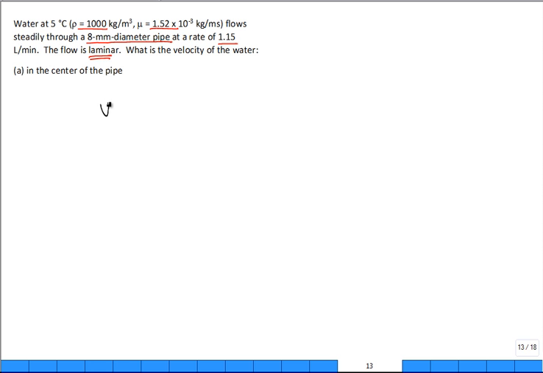So you'd say the maximum velocity in the center is equal to 2 times the average, right? So you're given the volumetric flow rate, 1.15 liters per minute. Yeah, you have to worry about your 60 seconds, etc. But what is the average then?